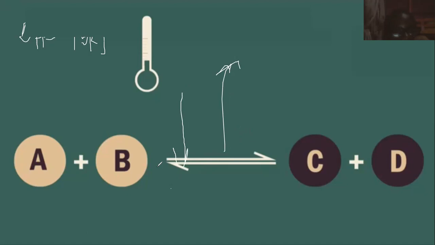So the equilibrium will shift to the right to favor the product. A decrease in temperature causes the equilibrium to shift to the right, thereby favoring the forward reaction. That means more formation of product.